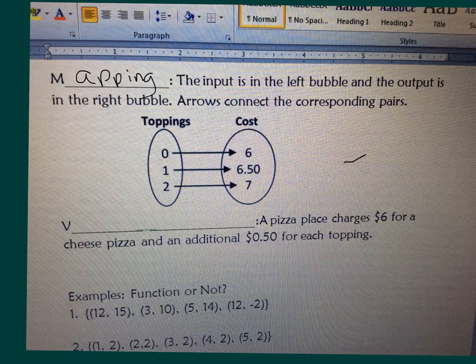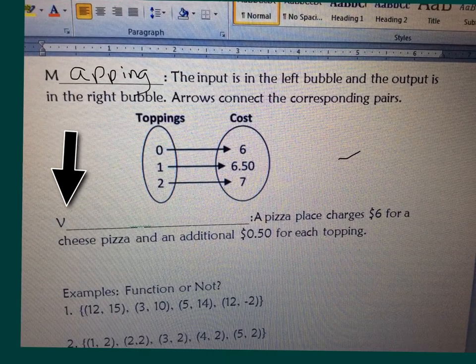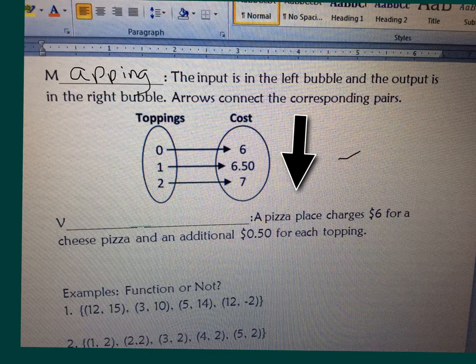That's good to take note of because you will want to know that. And also the numbers will not repeat. If you use a number more than once, all you're going to do is just end up drawing more than one arrow towards it. And the V stands for verbal description.